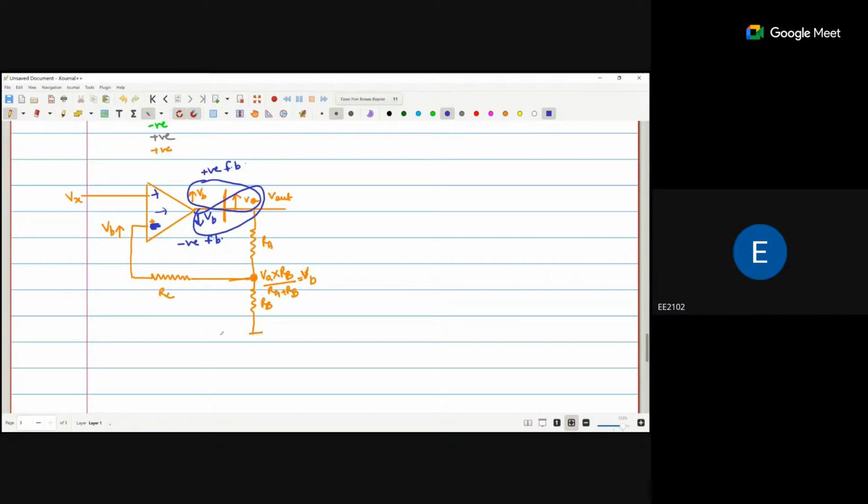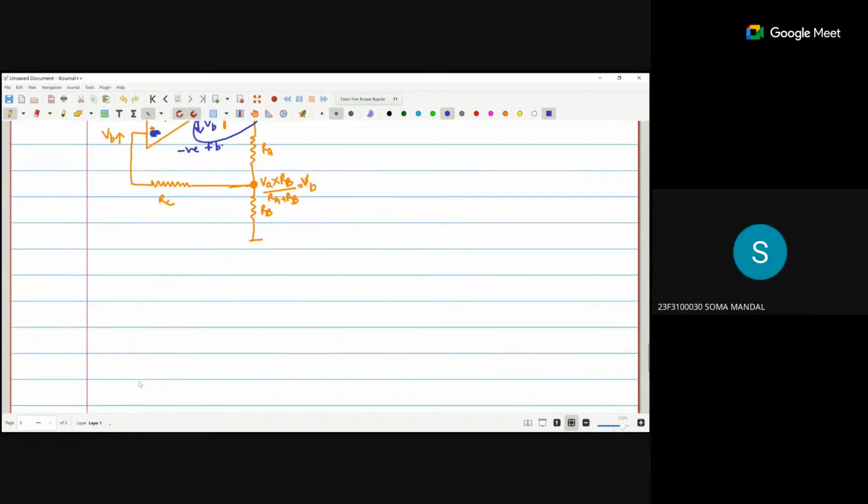Resistance never changes the direction and never creates any phase shift. If there is some capacitor or inductor, we will consider that there may be a change in the direction. Understood? Yes, sir. Understood.